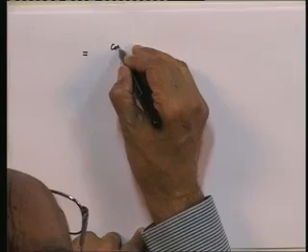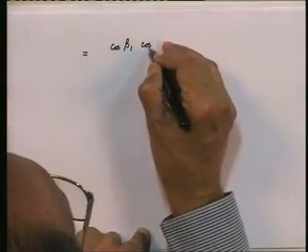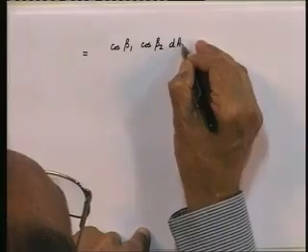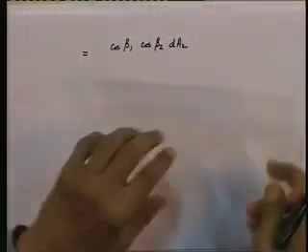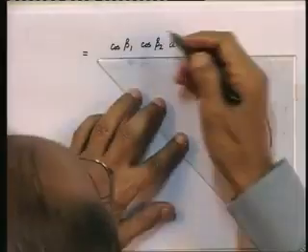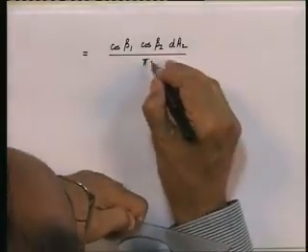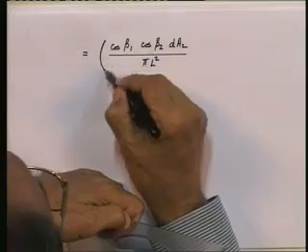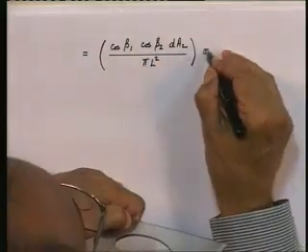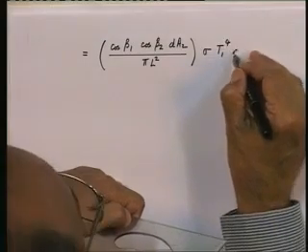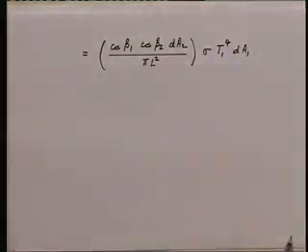Let us clean it up a little. I can rewrite the same expression as cosine beta 1 cosine beta 2 dA2 divided by pi L squared, the whole thing multiplied by sigma T1 to the power of 4 dA1. I have just rewritten the same expression in another manner.